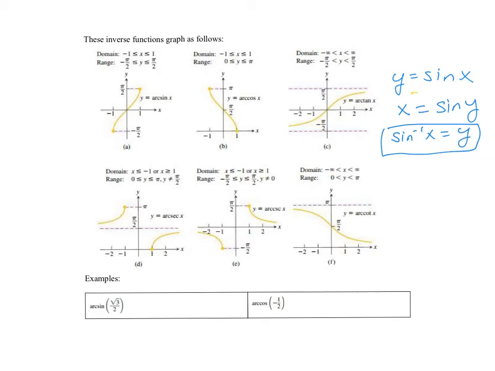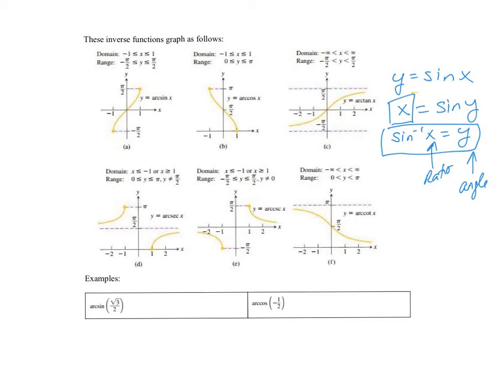So when they ask you about sine inverse, they are actually asking you, when you have the ratio, so the answer of the trig function, what's the angle. So you're going backwards. You're trying to find the angle instead of the ratio.